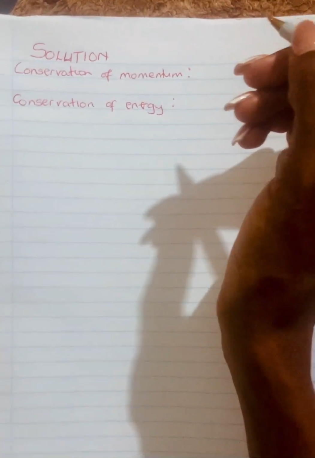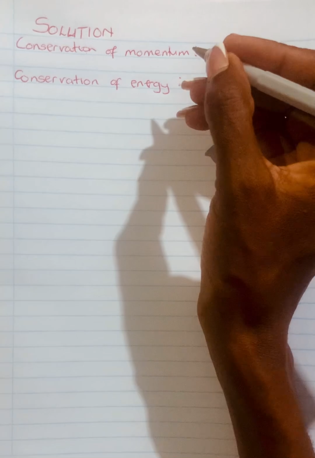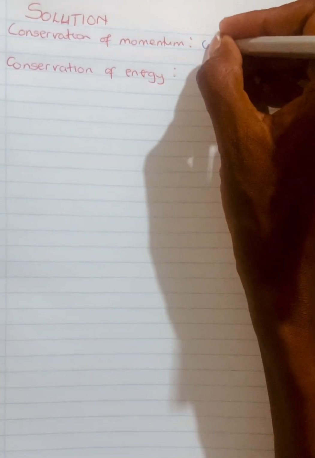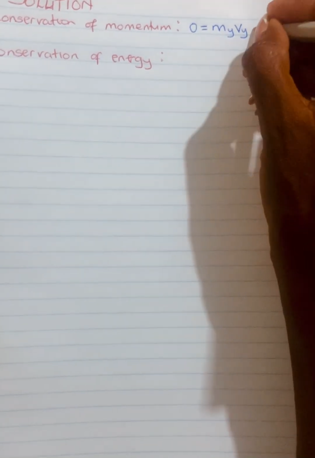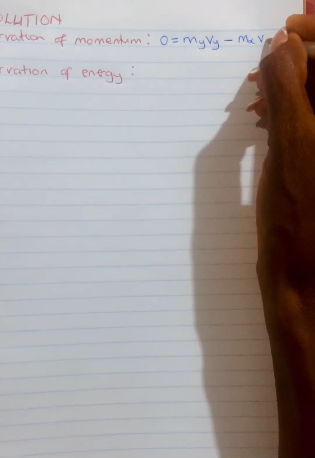So the solution: the conservation of momentum is 0 equals m_Y v_Y minus m_alpha v_alpha. That is going to be our equation 1.